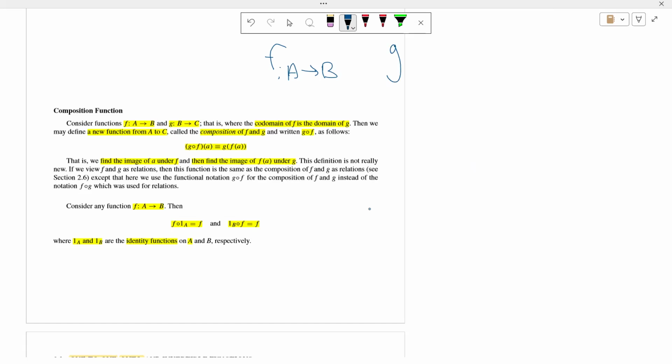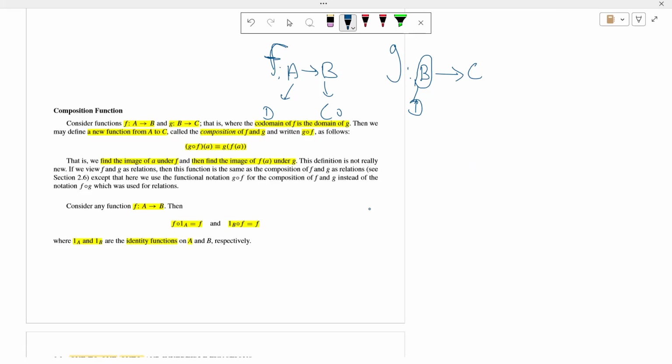You have another function g from B to C. The codomain B of the first function f is considered as the domain for the second function g. So the codomain of function f is the domain of function g, right?